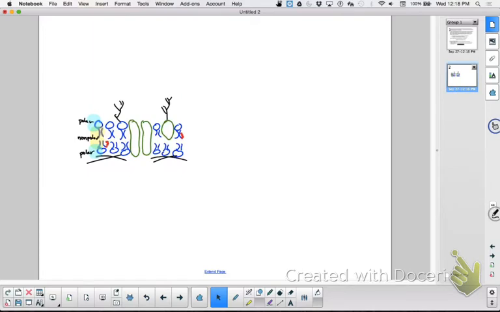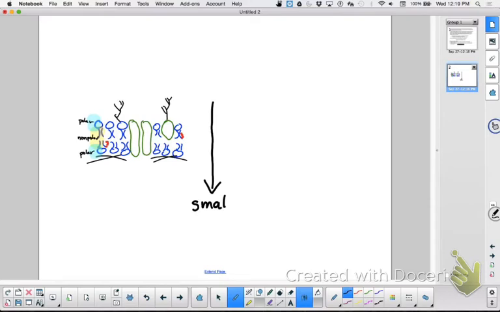Tell me. Through the membrane. Yeah, so you could go through the phospholipid bilayer, right? And the only ones that would do that are if they were what? Small, and what else? No charge. They can't have any kind of charge, otherwise it couldn't go through the phospholipid bilayer.